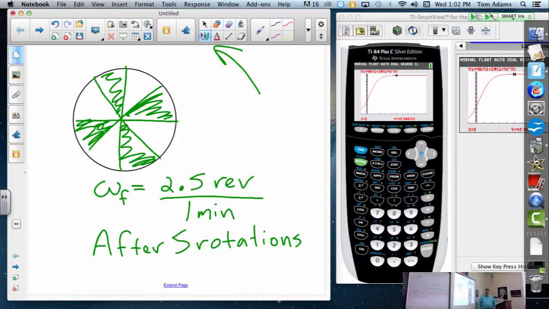So what was its initial angular velocity? If it started from rest, what was its initial angular velocity? 0. And what is it asking for?